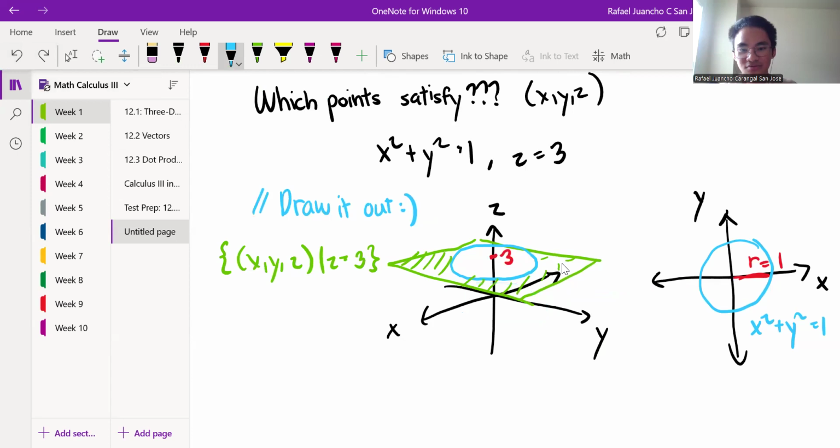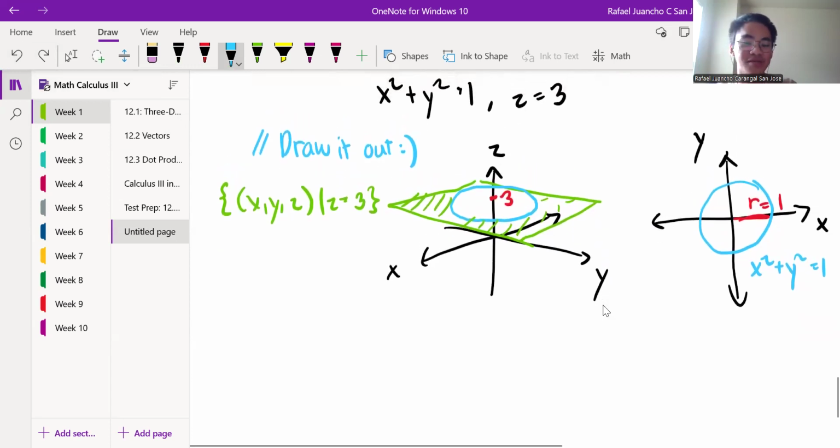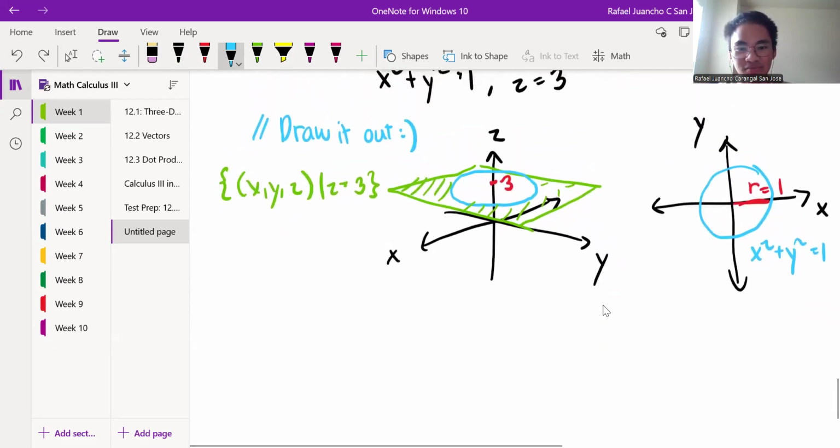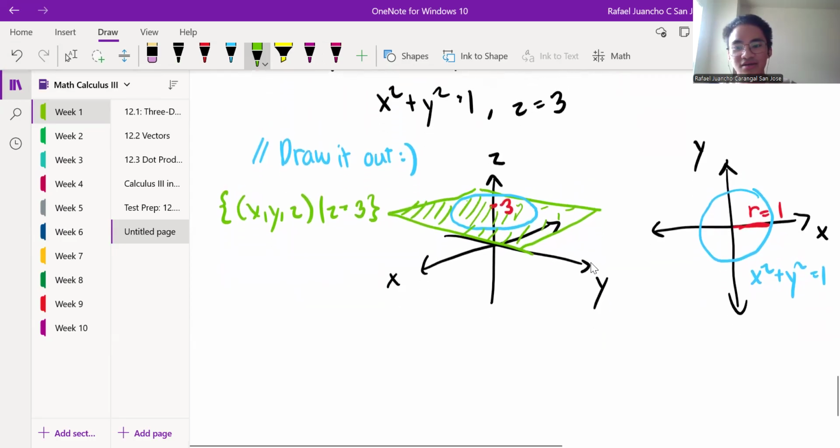But now we're looking at a different plane. It's a plane parallel to the xy plane, but it's not the xy plane. So it's this plane here, and we're plotting the points that satisfy x squared plus y squared equals 1.